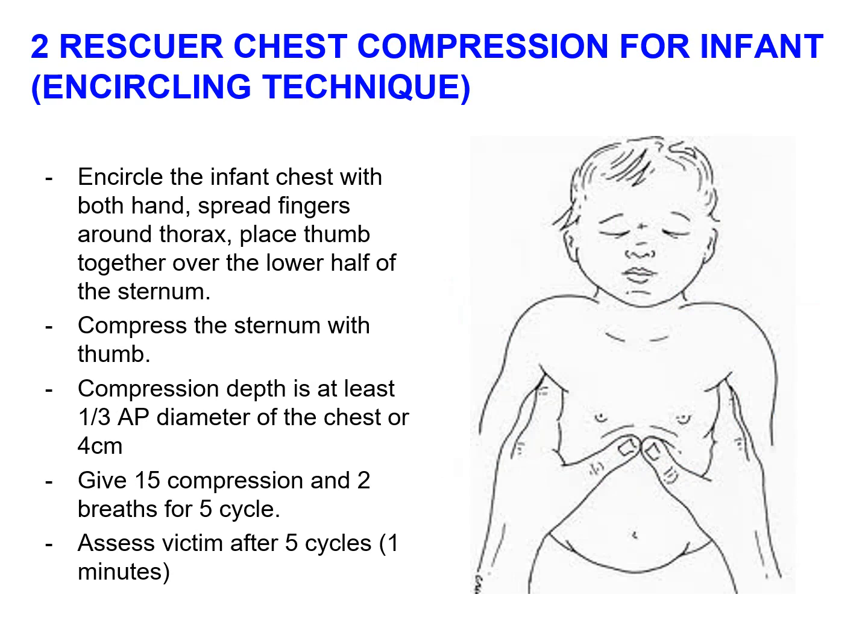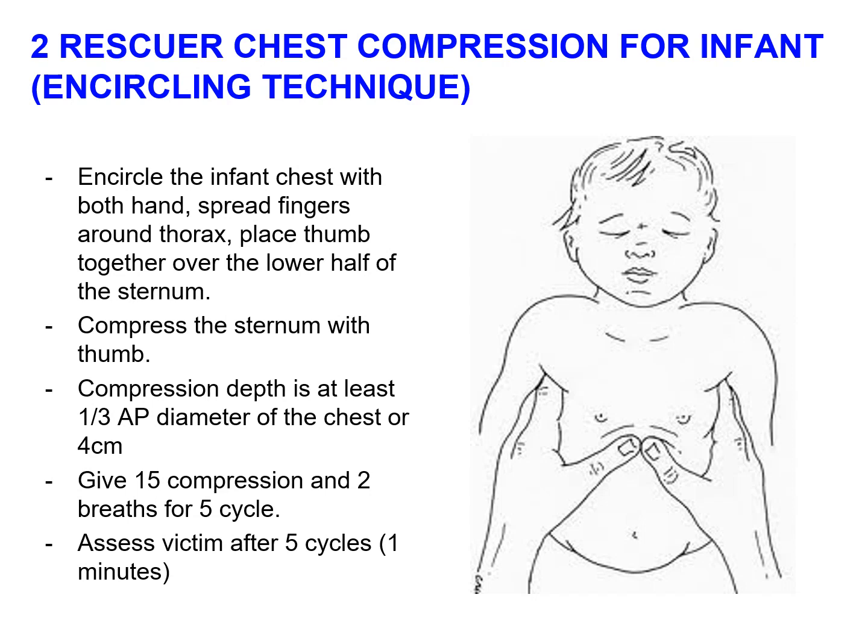The next method is called hand encircling technique. This technique is used when there are two rescuers to provide CPR for that infant. The first rescuer will be positioned above the infant's head and will stabilize the head using both hands.